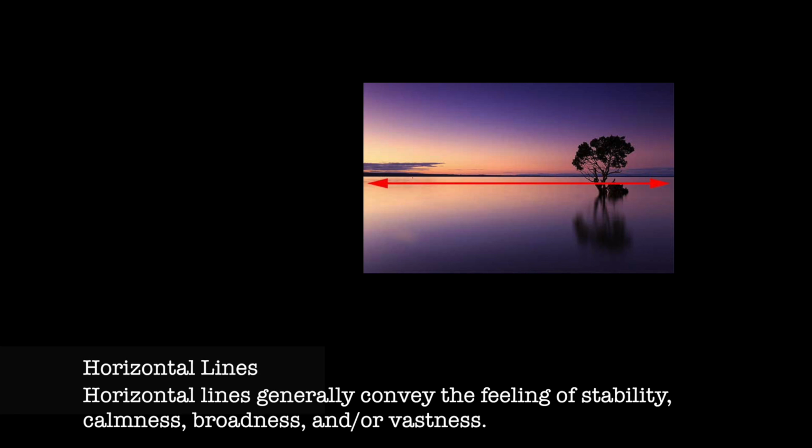Interestingly, the horizon line is halfway up the frame. This means that the photographer would have wanted to promote both the sea and the sky equally. But you can see that this image is definitely promoting the mood of calmness and stillness.